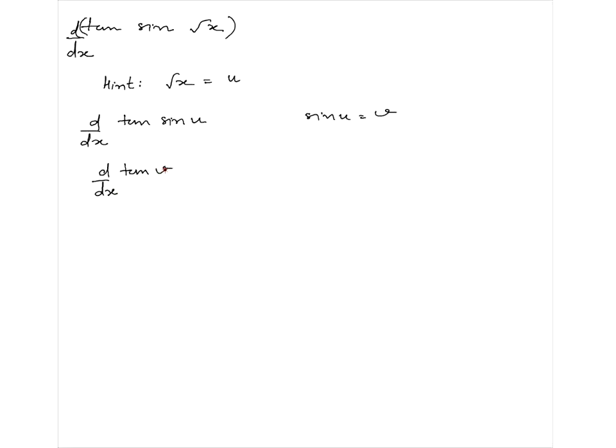So we need to make a chain. So we write it as d/dv of tan v into dv by dx. Now d/dv of tan v we can handle. How much is that? Sec square v. But d/dx of v we can't do.